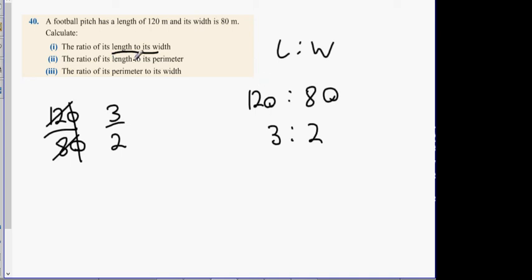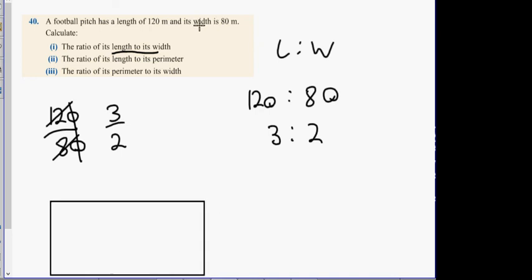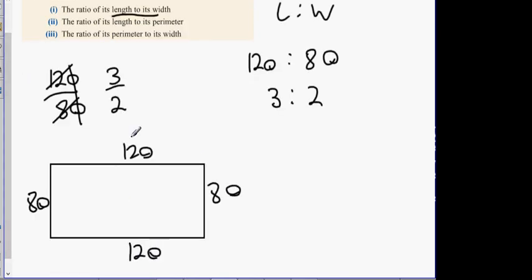Find the ratio of its length to its perimeter. What does perimeter mean? Perimeter means a lap of the full pitch. If we were out doing training and I said guys, you need to do a lap of the pitch, the distance you'd cover is 120 plus 80, 200, plus another 200, you'd cover 400 meters in total.